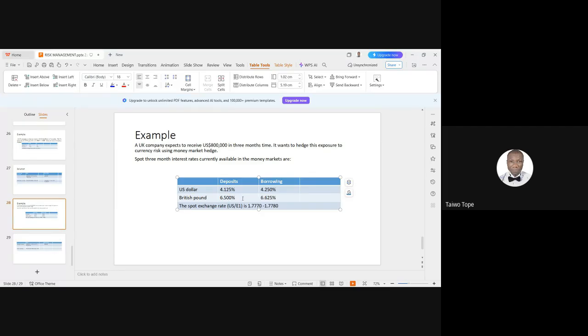If you are making a deposit, at what rate? This is it. You should get an interest of 6.500% if you are making a deposit of what you borrowed.